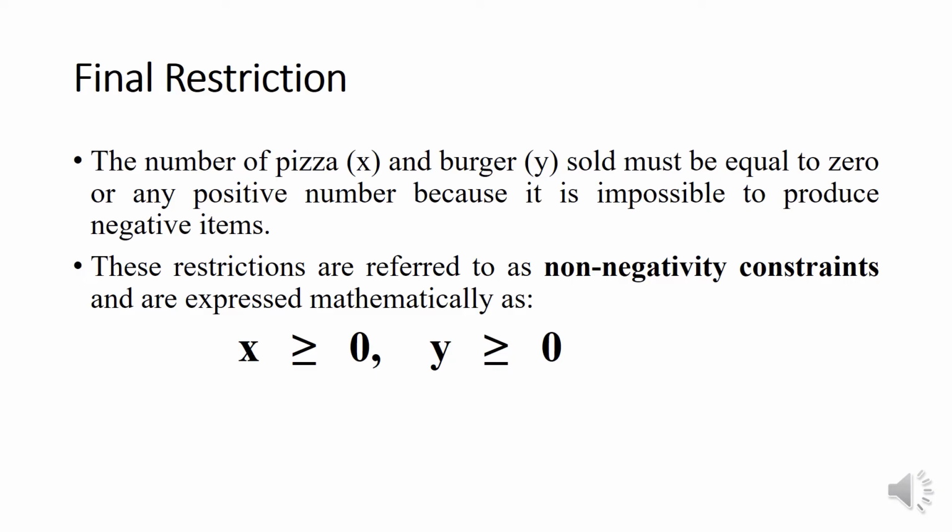Again, the x or the pizza cannot be a negative number, and y also cannot be a negative number. Hence, it should be greater than or equal to 0, because it's impossible for us to produce a negative pizza or negative burger, right?